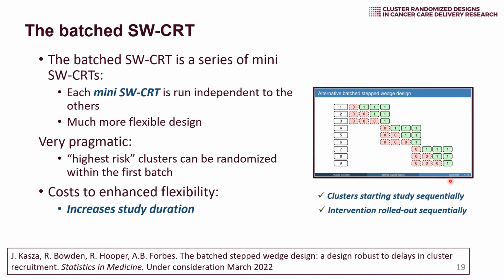Now this design allows for that because the highest risk clusters can be put into this first batch or first mini stepped wedge design, but then randomized to one of these three different sequences. And then the lower risk clusters can go in the next batch, and then the very low risk clusters could go in the next batch. Now, there's a cost to this enhanced flexibility, and that is it increases the study duration. But it does allow clusters to start the study sequentially, and it allows the intervention to be rolled out sequentially, which can be very important logistically.